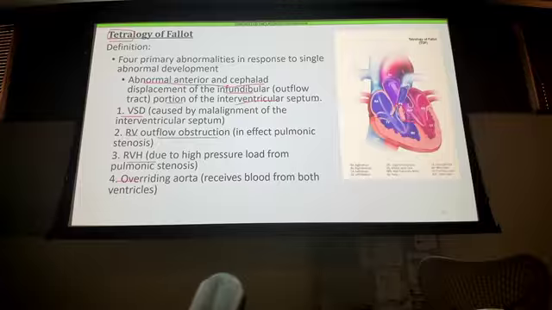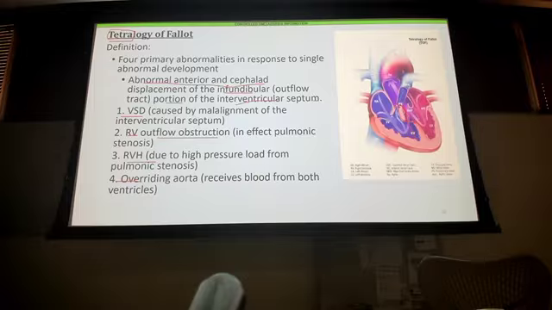And then the other problem with tetralogy is, now when the ventricle squeezes, the path of least resistance is actually to go through that ventricular septal defect and out to the aorta. And that's what contributes to the cyanosis that we see in patients with tetralogy of Fallot.